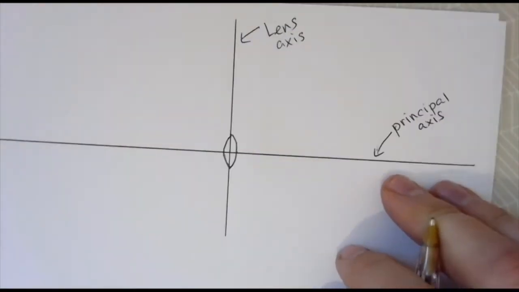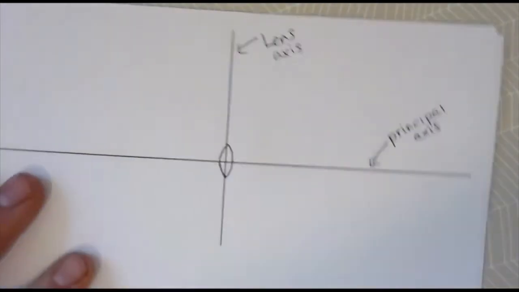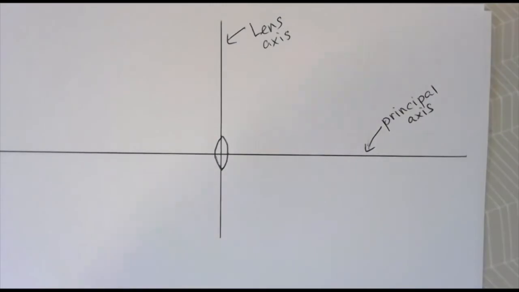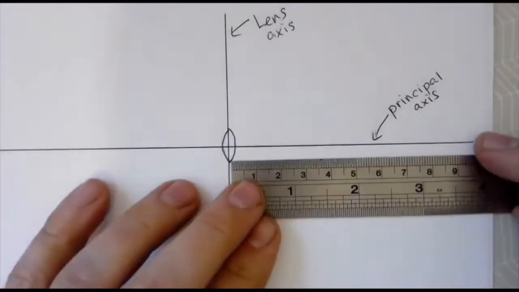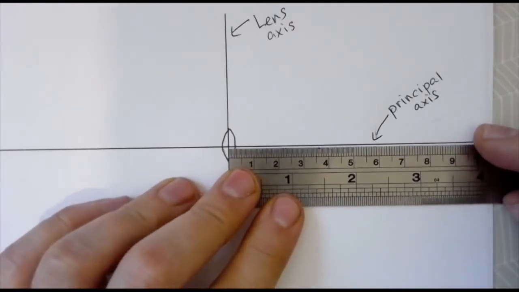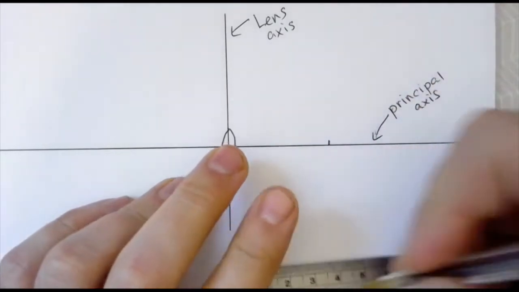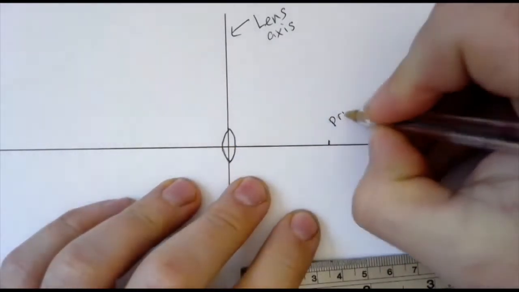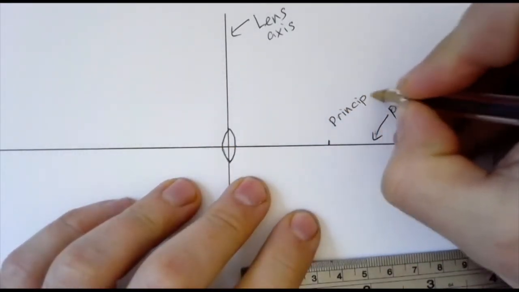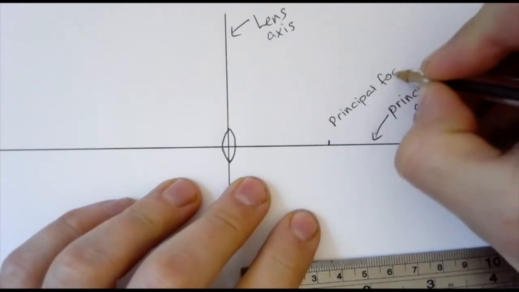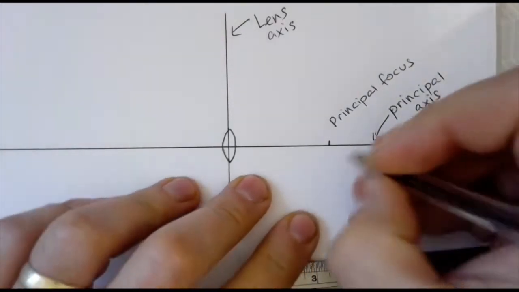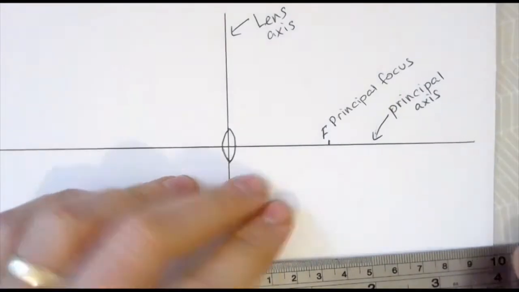I'm going to choose 4 centimeters as a focal length, just because that means it fits on my bit of paper quite nicely. I place my ruler here, and 4 centimeters away from the centre of the lens, that's my principal focus. We'll label that with a capital F.